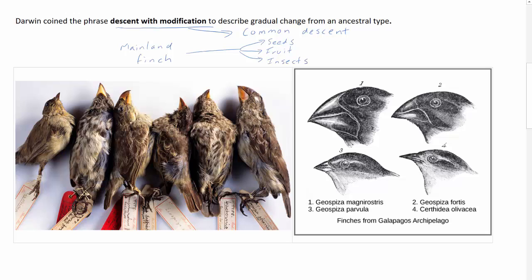So these 3 different species have adapted their beaks to their environment. However, they all had a common ancestor. They're all descended from a common ancestor, which was the mainland finch, with which they share similar characteristics with variations. So this is that whole concept of descent with modification from a common ancestor, or common descent.